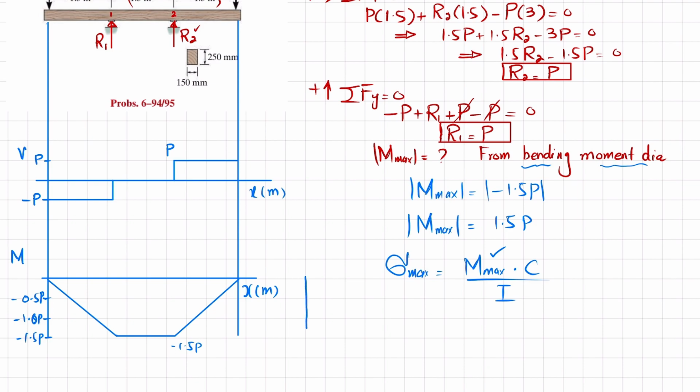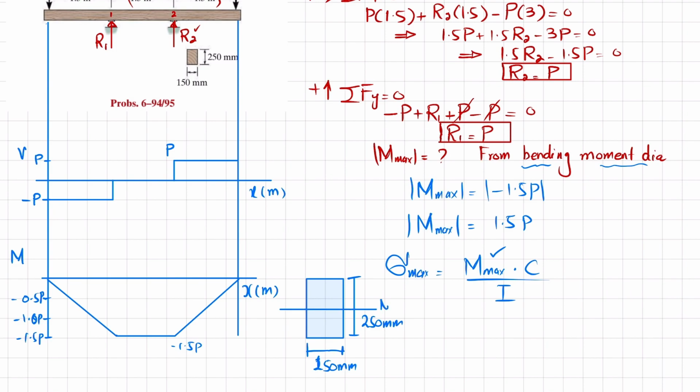Since this cross section is rectangular, the width is 150 millimeter and height is 250 millimeter. So its neutral axis will pass through the half of this.